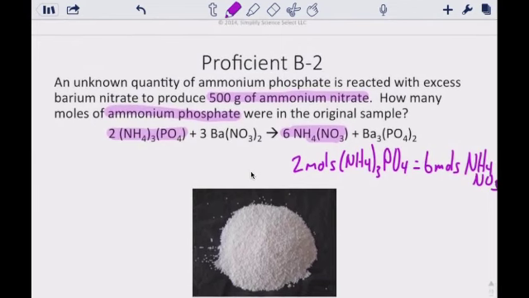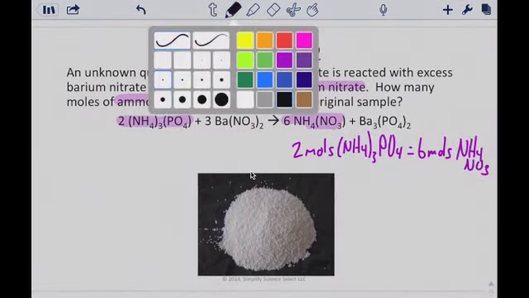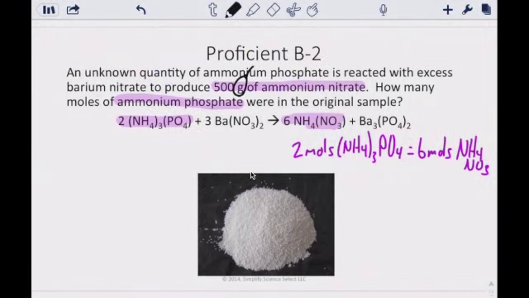Now we look at the problem, and since it said grams of ammonium nitrate, guess what we need of ammonium nitrate? We've got to have our molar mass. So when we look at our molar mass of ammonium nitrate, we add it up: ammonium nitrate has 2 nitrogens, 4 hydrogens, 3 oxygens.